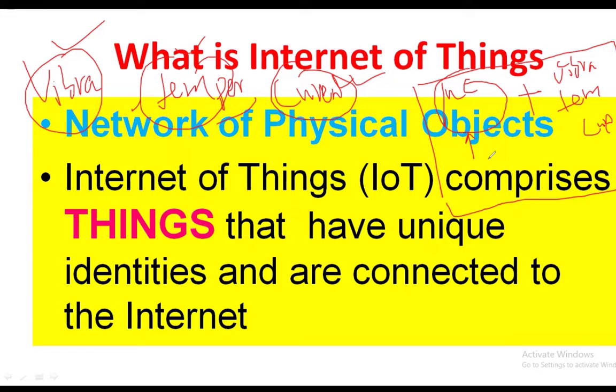There are short range wireless technologies, such as Wi-Fi, Bluetooth, BLE, Zigbee, and Z-Wave. Long range technologies include LoRa, Sigfox, and cellular 3G, 4G, 5G. So we need a communication technology.